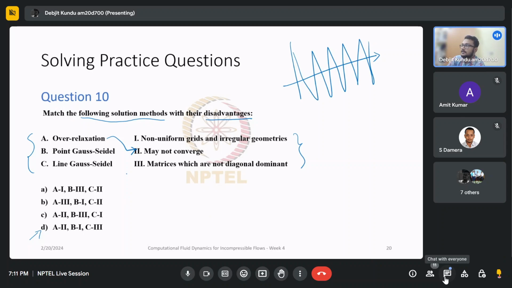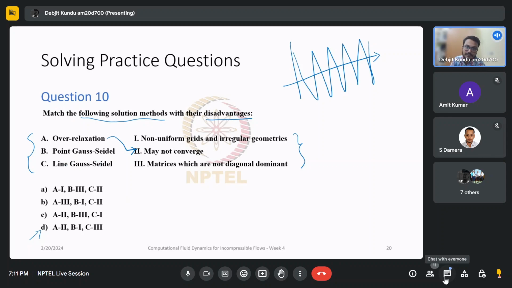Now, solution method B, point Gauss Seidel method, what is the pitfall of that? Okay, let's go to option C first. Line Gauss Seidel, what is the disadvantage of that?